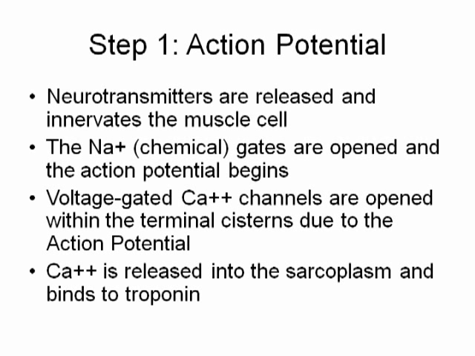You already know that the transmitter that we are referring to is acetylcholine. That's the transmitter of muscular contraction. So acetylcholine is released into the muscle cell. That acetylcholine, that neurotransmitter, allows the sodium gates to open, which begins an action potential.